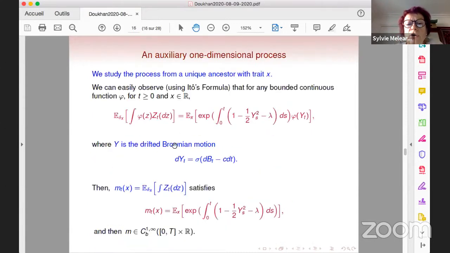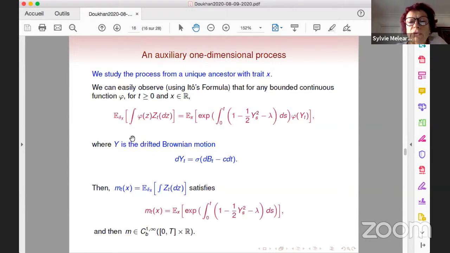Okay, so we take this new process, with the non-linearity replaced by lambda, and we assume that we have a unique ancestor with trait x. That means that the initial measure value is Dirac measure on x.